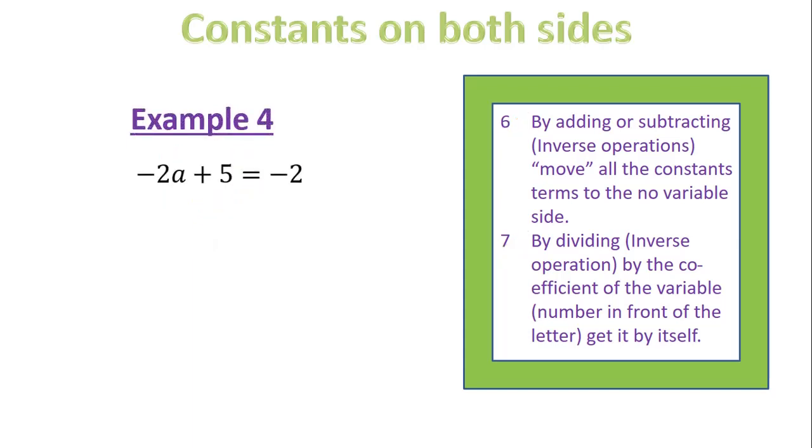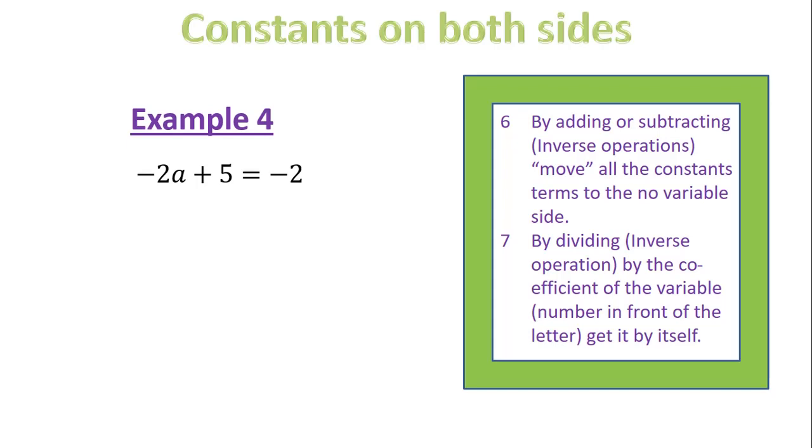Example 4. Negative 2a plus 5 equals negative 2. Alright, so step 6. By adding or subtracting, move all the constant terms to the no variable side. So in this question, we've got variables or letters on the left-hand side. So we have to move my plus 5 to the right-hand side.